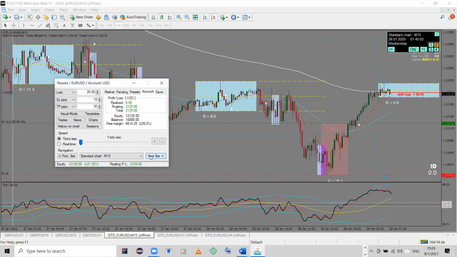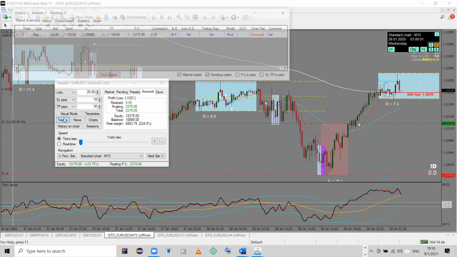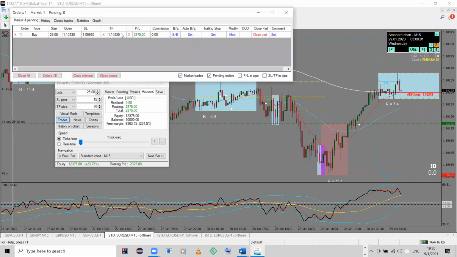We are in the following day and my trade is still on. So at this time, when such a thing happens, usually I move my stop loss to break even or something like that. I think we should do that. Okay, for doing that, I get here, I use this here.